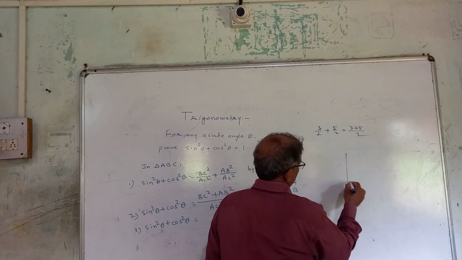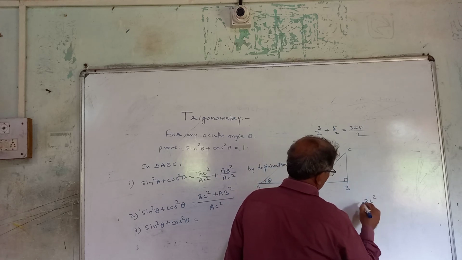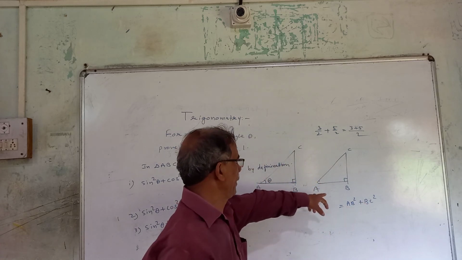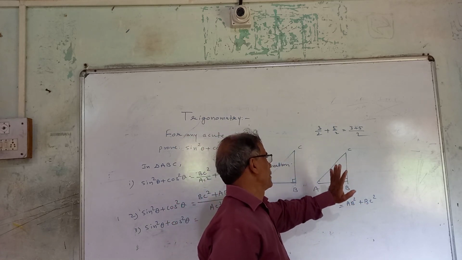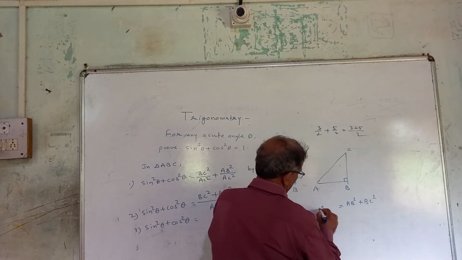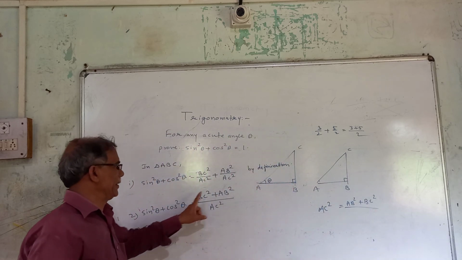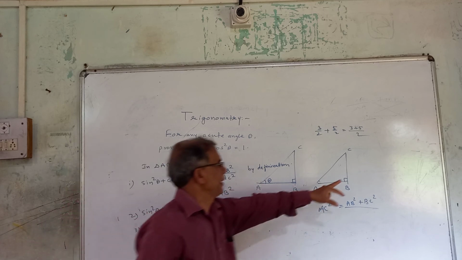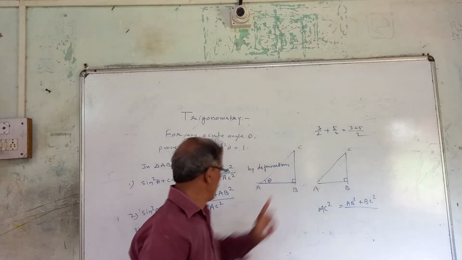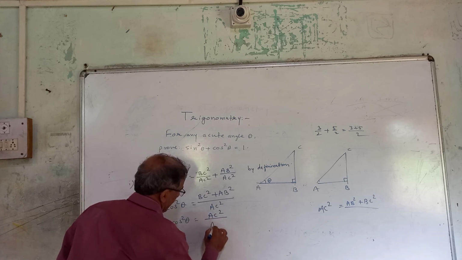Now I shall draw this figure here again. ABC. BC square plus AB square is equal to what? This is a right angle triangle. The sum of the squares of the sides containing the right angle is equal to what? Hypotenuse square. Writing that formula, AC square is equal to AB square plus BC square. And we have here BC square plus AB square. So BC square plus AB square is equal to AC square, no? So for this numerator now you can write AC square upon AC square.